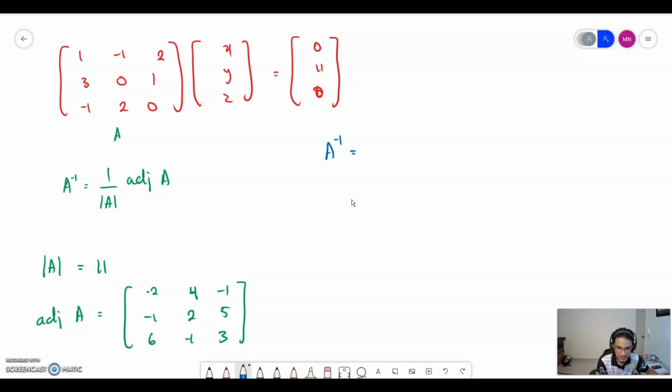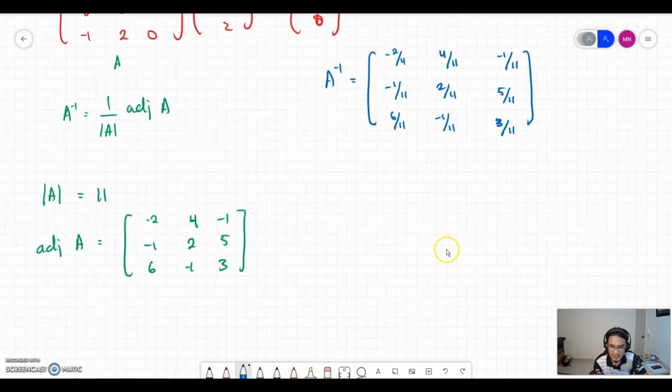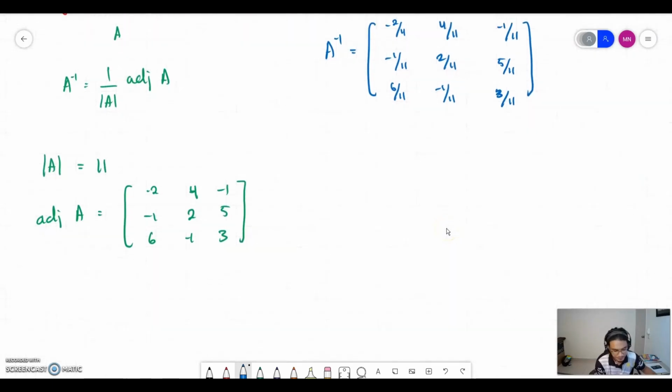Then the inverse will be equal to negative 2 over 11, 4 over 11, 1 over 11, negative 1 over 11, okay, so that is the answer for A inverse.